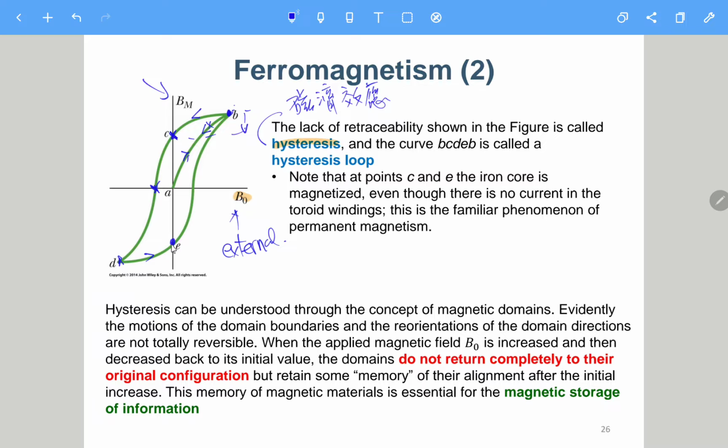And then you further increase the B0 up to this point to really reset. So yeah, this is called the hysteresis.